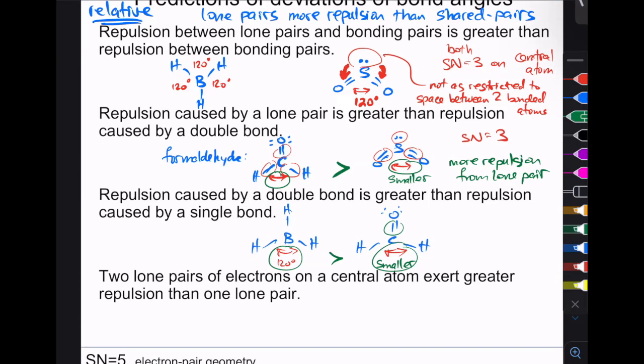And earlier we talked about bent and who's more bent than someone else, right? You can actually take a look at two molecules that are both bent and assess what you think the relative differences in the bond angles are going to be of the bonded atoms using the same thing. And let's look at that compared to water.